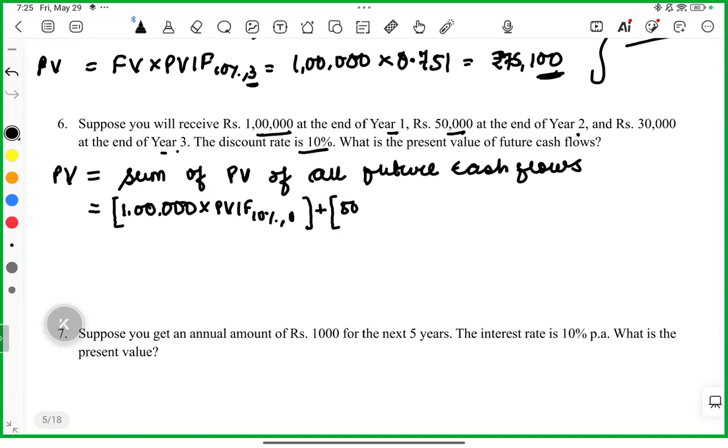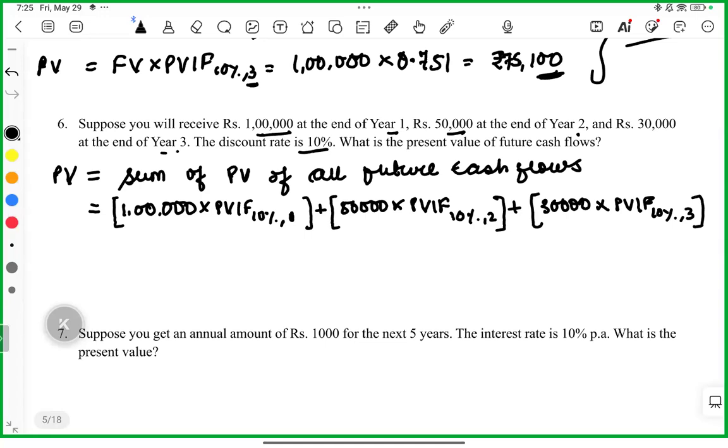It is 50,000 into PVIF at 10% for year 2 because this is cash flow of year 2 plus 30,000 into PVIF at 10% for year 3. This is cash flow of year 3.